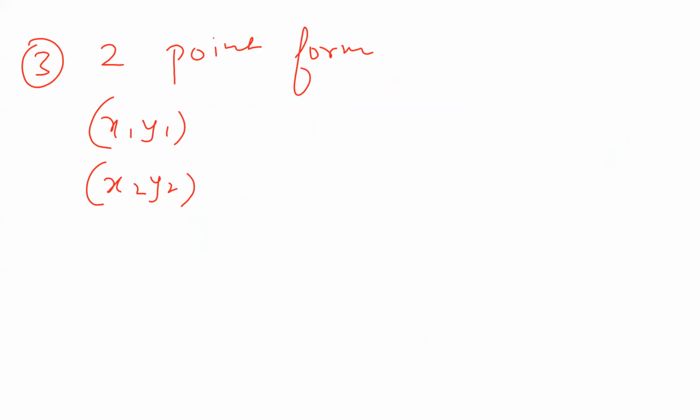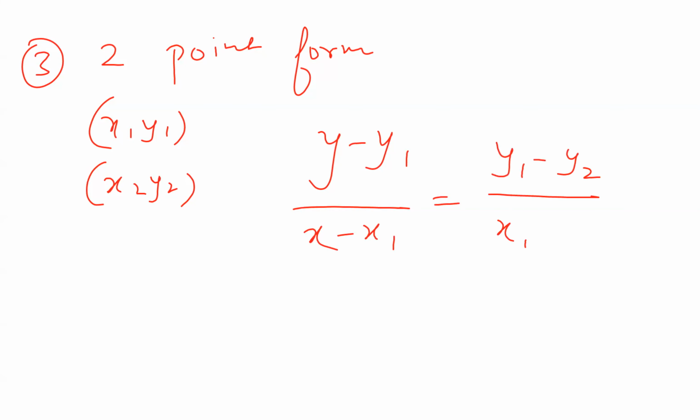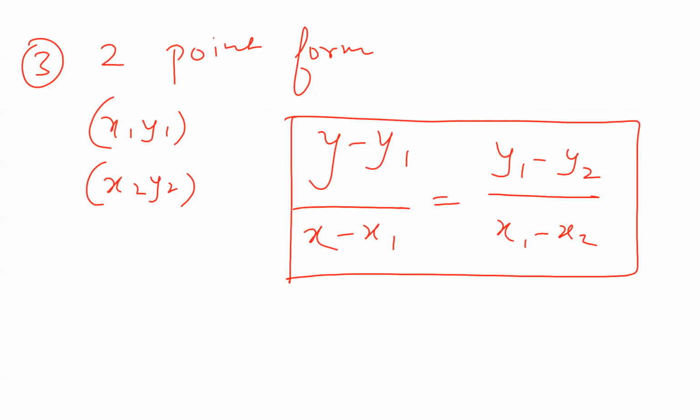So we can frame the equation in this manner: y minus y1 upon x minus x1 is equal to y1 minus y2 upon x1 minus x2. So this is the format for two point form. So if two points are known to us, we can find out the equation of the line.